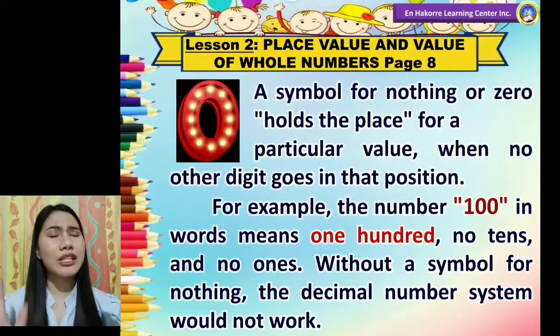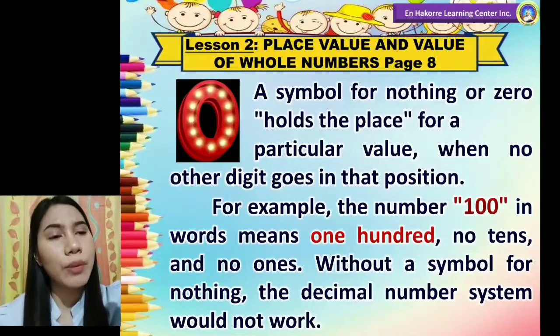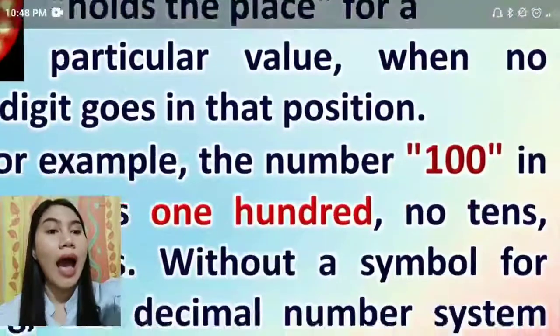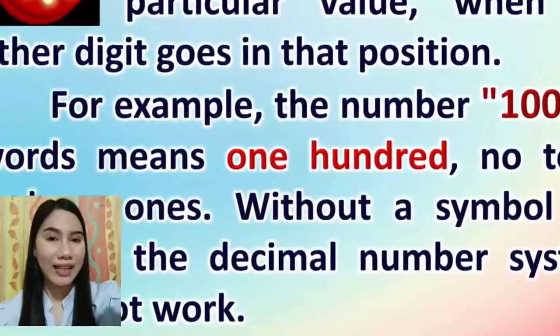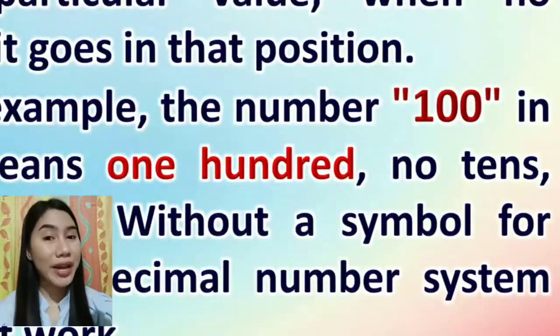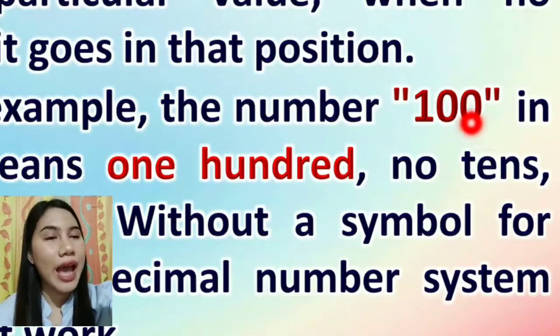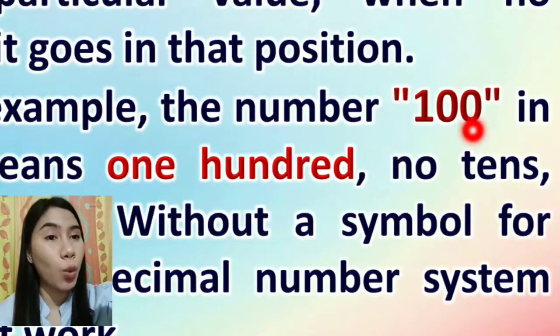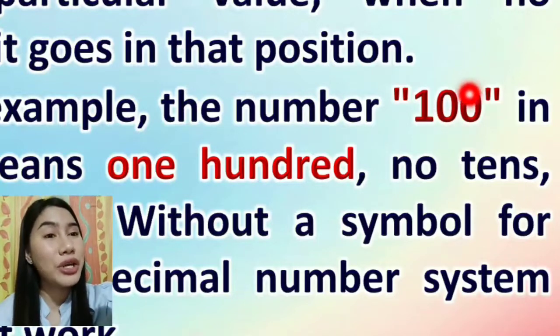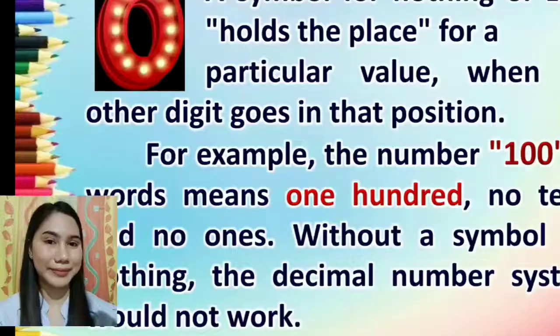As you can see here in our presentation, the number 100, my dear children, has no ones and no tens. Again, children, we have the number 100, and when we say there are no ones and no tens in that number, it means that 0 is represented.